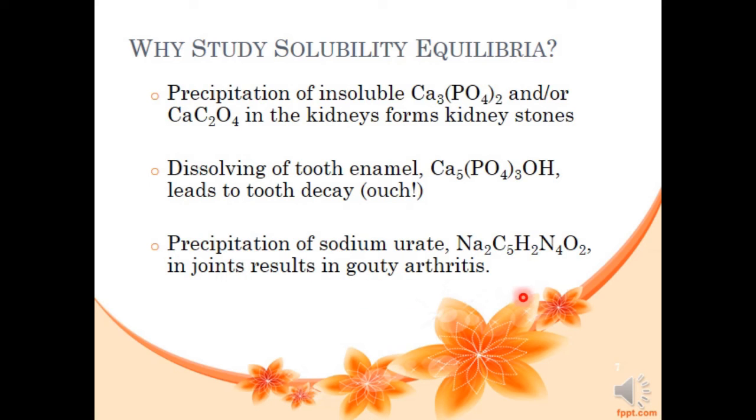So for this sodium urate, if we write the KSP expression, we don't want the equilibrium to drive to the left. Left means, similar to kidney stone, the solid forms. So we want the equilibrium to drive to the product side. We don't want the solid formation of sodium urate.